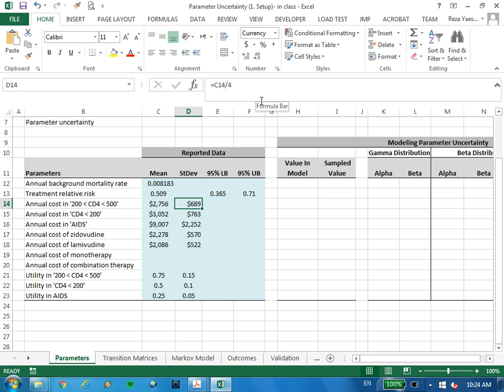This is the expected cost of each individual in this state, but the cost varies, right? And this is the standard deviation. In an ideal world, we have the cost data, and we can calculate the sample mean and also the sample standard deviation. But I didn't have it, so I just assumed that the standard deviation of cost is 1/4 of the mean.